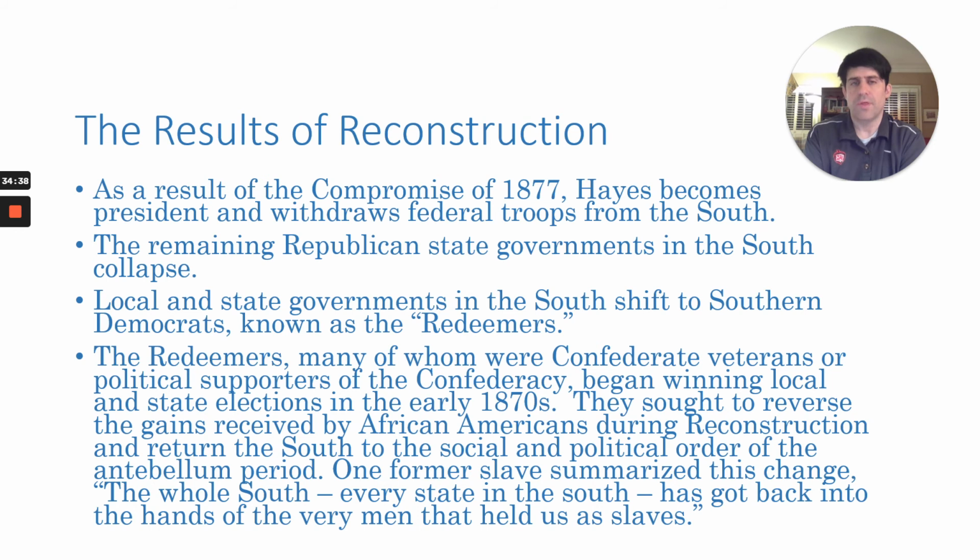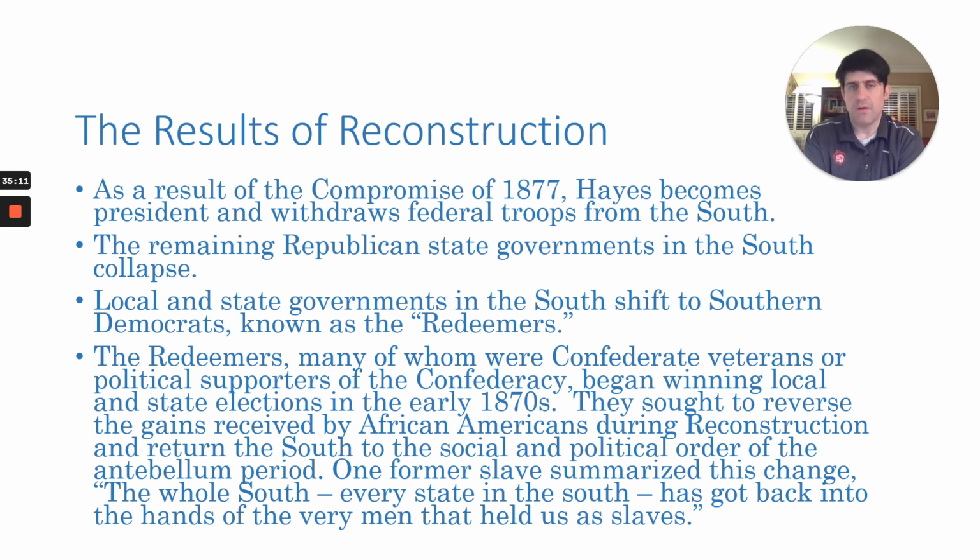The group that took control, the specific group of Southern Democrats, were known as the Redeemers, and they began winning elections at the state and local level in the early 1870s, as early as 1871. But they finished the job, if you will, in 1877 with this compromise, as they, at that point, basically had total control over the state and local offices throughout the southern states.